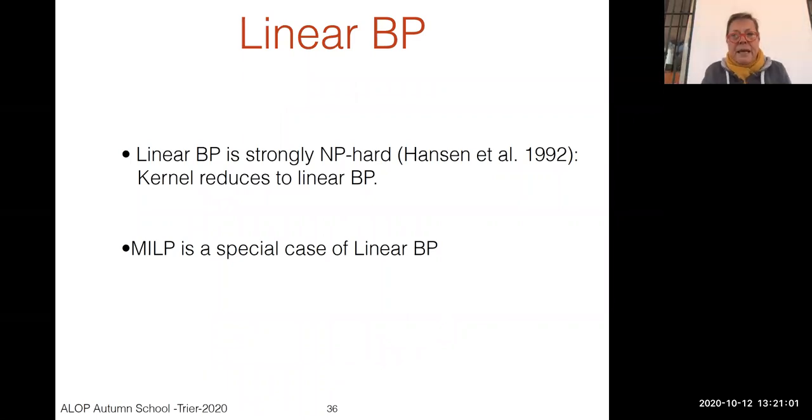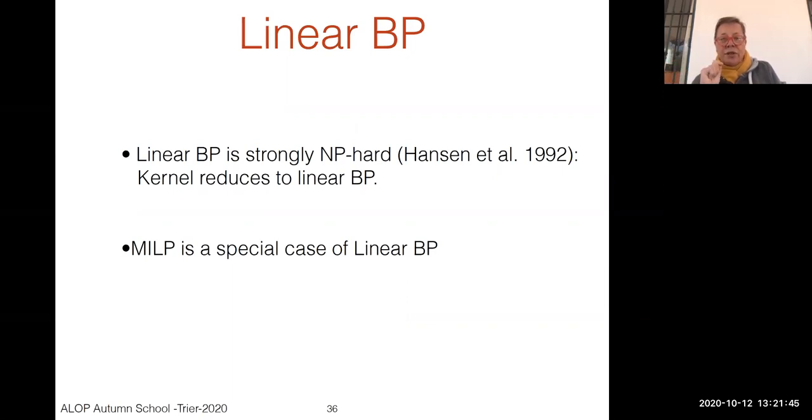Okay, so in fact, this observation was made by Audet et al. And in the paper by Hansen et al., they provide a formal proof of the fact that linear bilevel programming is strongly NP-hard. What they do is they reduce the problem known under the name of kernel to linear bilevel programming. A kernel: you are given a graph, and you want to find a subset of vertices that are independent, so that none of them are linked by an edge.